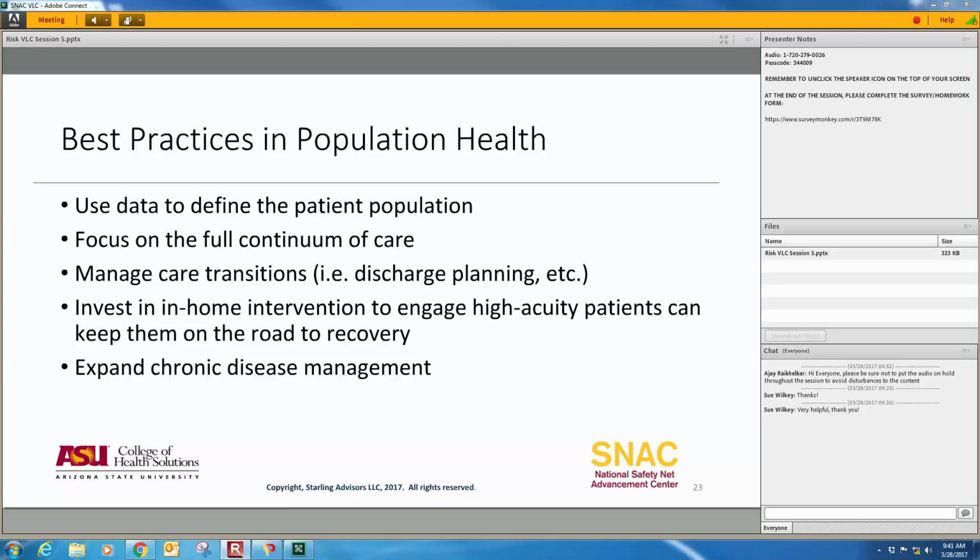Population health really is driven on this idea of care coordination and managing care transitions, which we've also talked about, and looking at ways to invest in in-home intervention to engage particularly high acuity patients is a really important strategy that we've seen from a population health perspective, where those particular types of resources have been directed at the highest need patients. And then obviously expanding out our chronic disease management.